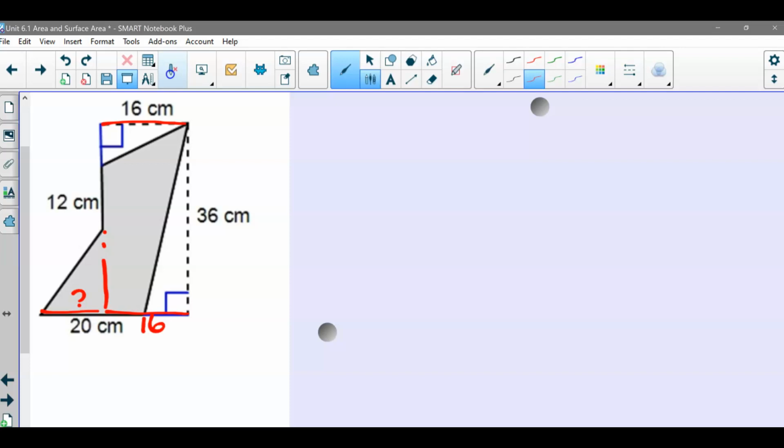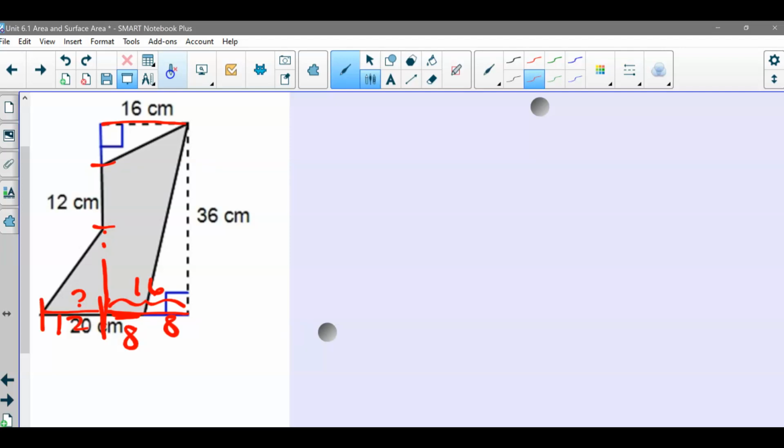See how that is true, 16 and 16. But how do we know this? We know this is 8. So if this whole thing has to be 16, and we know that part's 8, what is this part? 8. So now could we do 20 minus 8? What does this have to be? 12. We could also measure this one right here and see if it matches from here to here.